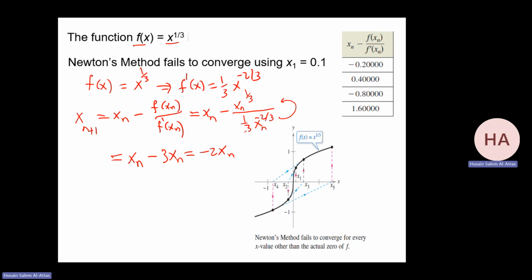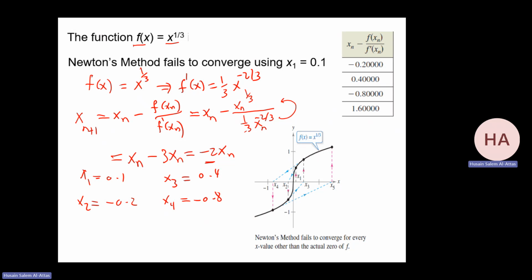So assume I start with 0.2, or start with 0.1. Yeah, x1 is 0.1. What will be x2? Just multiply by minus 2. I'm getting minus 0.2. x3, multiply by minus 2, I'm getting 0.4. x4 is minus 0.8. I'm not converging.